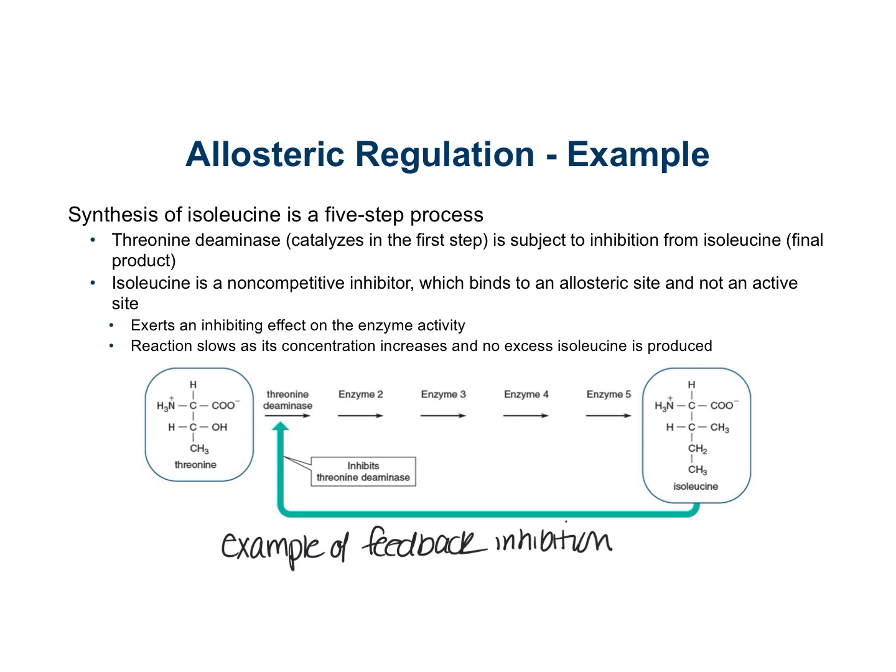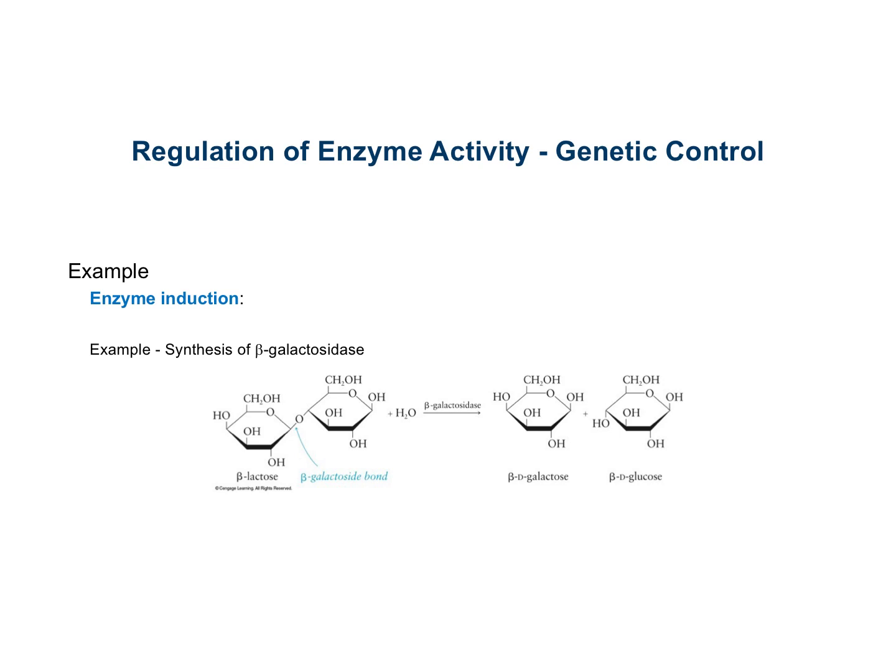Now, another way that our enzymes are regulated is genetic control. One way to increase the production from an enzyme-catalyzed reaction is for the cell to increase the number of enzyme molecules present.